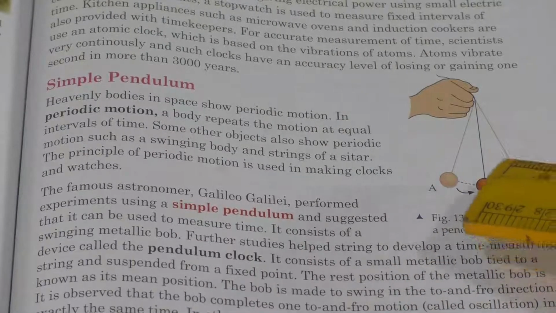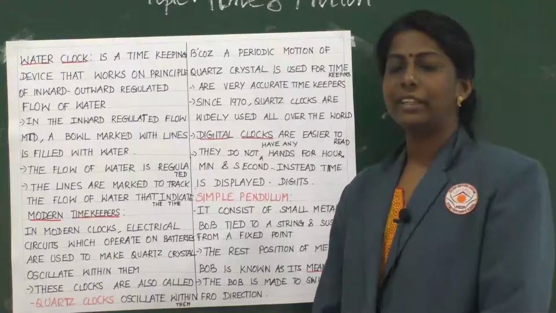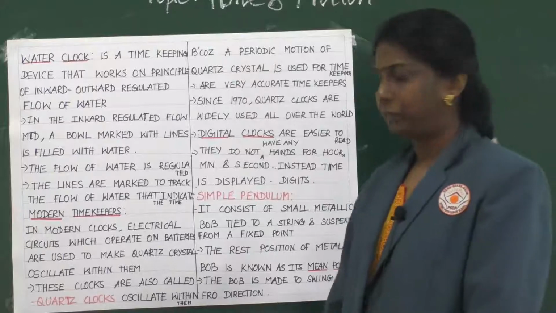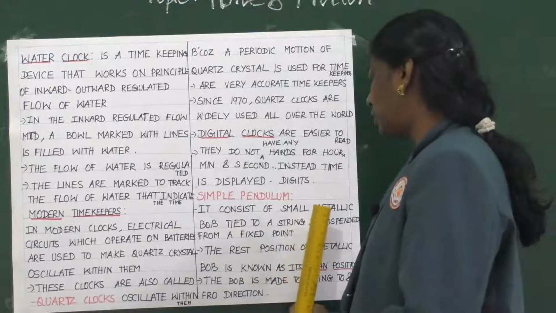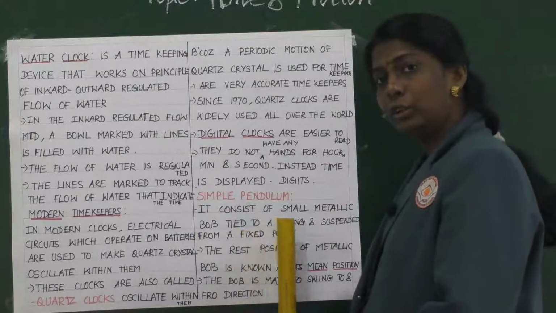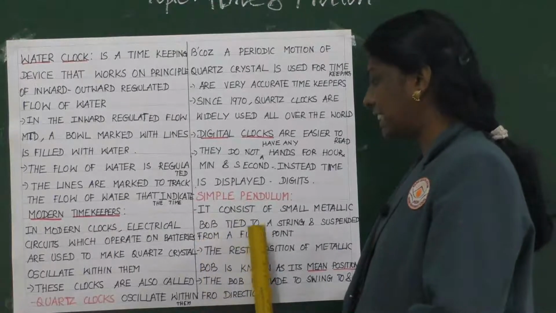So with that we are finding out the time here. So let us learn about that. Yes, children, now let us learn about the simple pendulum. It consists of a small metallic bob which is tied to a string and suspended from a fixed point.